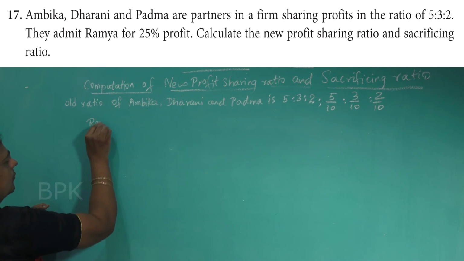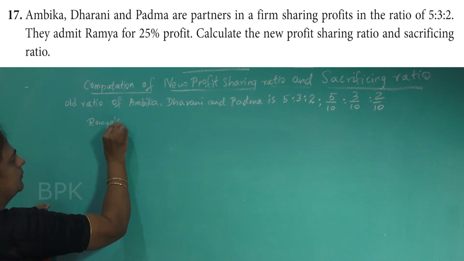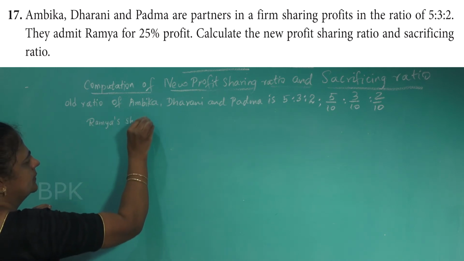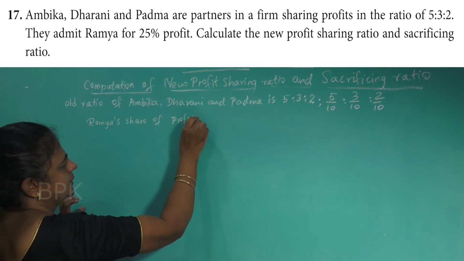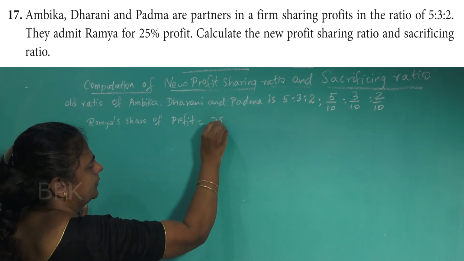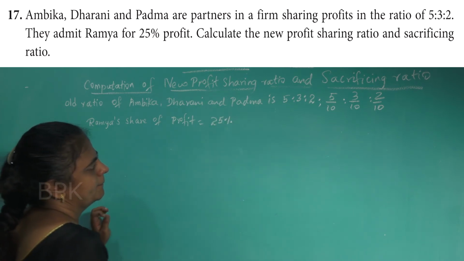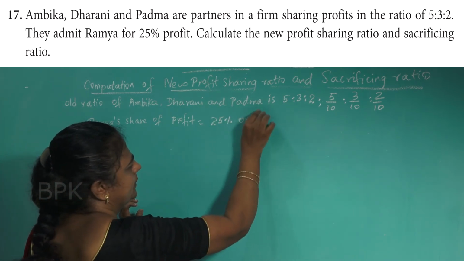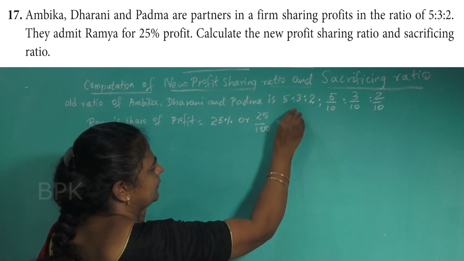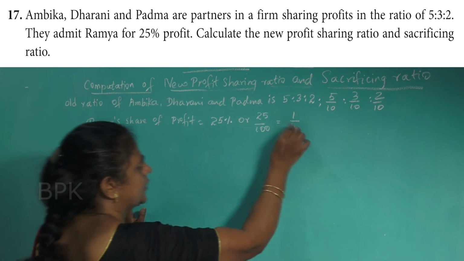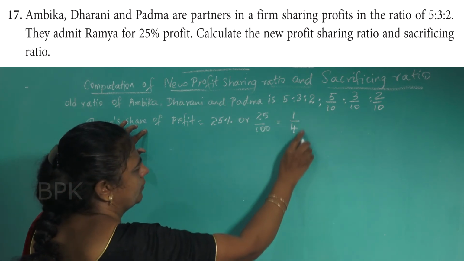Ramya's share of profit. Ramya is a new partner. Ramya's share of profit is equal to 25%, or this can be written as 25/100. So that will give you 1/4. So Ramya's share is 1/4.